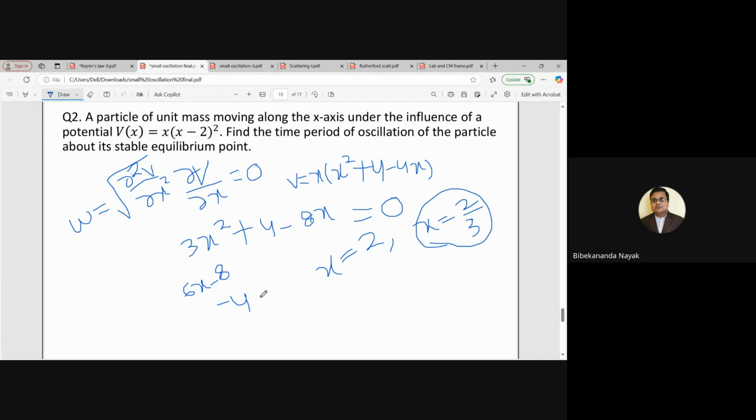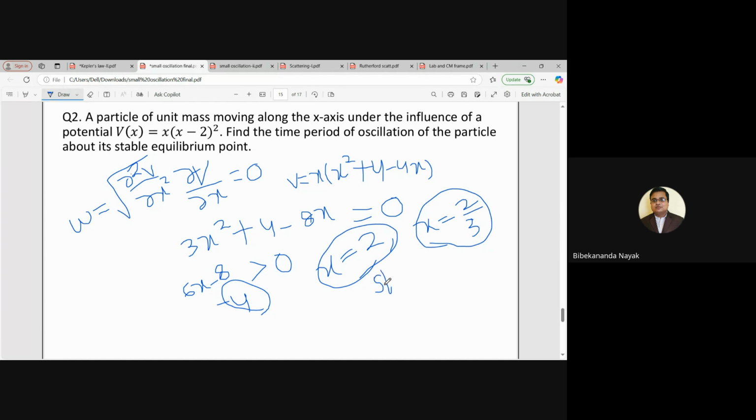Minus means maximum. You know it? If del square V by del x square is less than 0, then it is a maximum. For minima, it is greater than 0. For x is equal to 2, it will be 12, greater than 0. So x is equal to 2 is the stable equilibrium point, or minimum potential point.